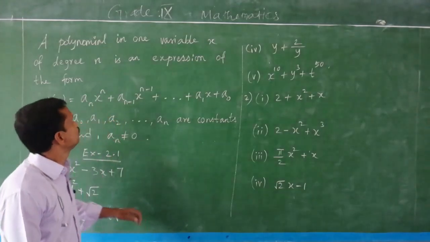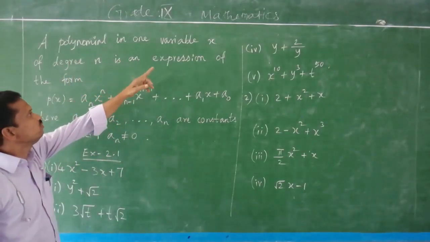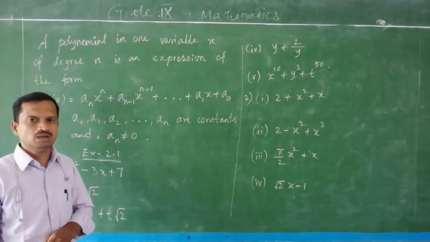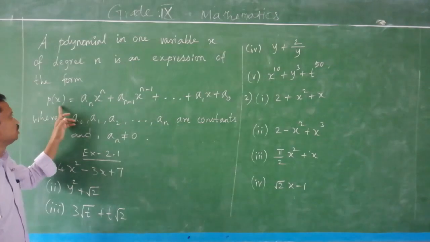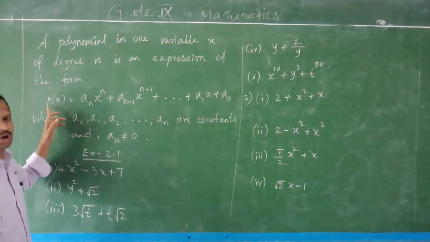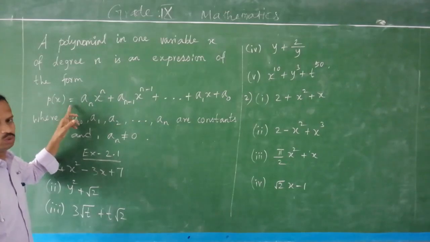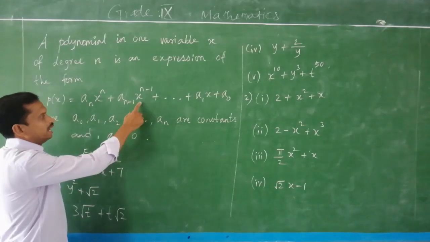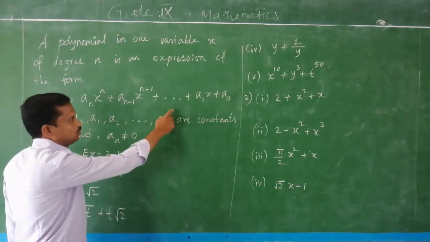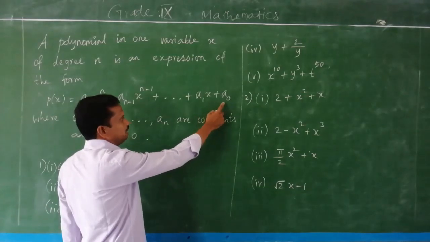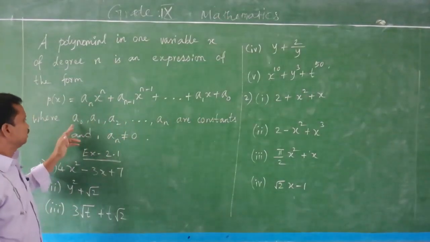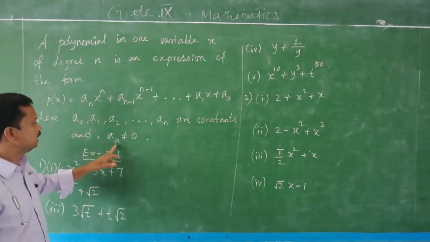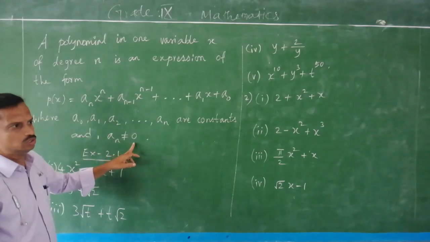And now, a polynomial in one variable x of degree n is an expression of the form p of x is equal to, p of x means polynomial in terms of x, is equal to an x power n plus an minus 1 x power n minus 1 plus etc. plus a1x plus a0, where a0, a1, a2, etc. an are constants and an not equal to 0.